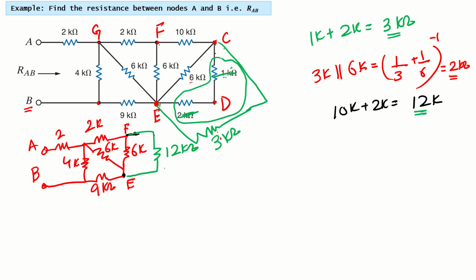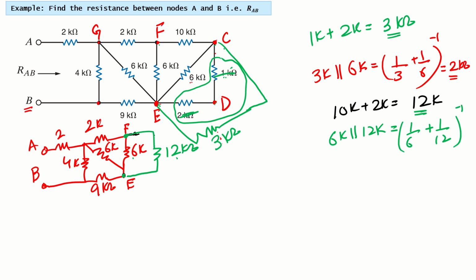Now if you look at these resistors, 6K and 12K are sharing two nodes, F and E. Once resistors share two nodes, it means they are in parallel. So 12K and 6K in parallel, what will that be? We do 1 over 6 and 1 over 12, and take the inverse.